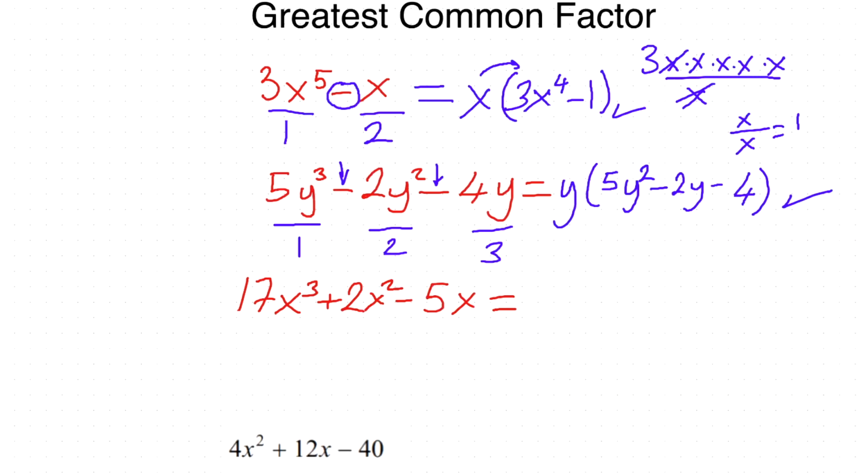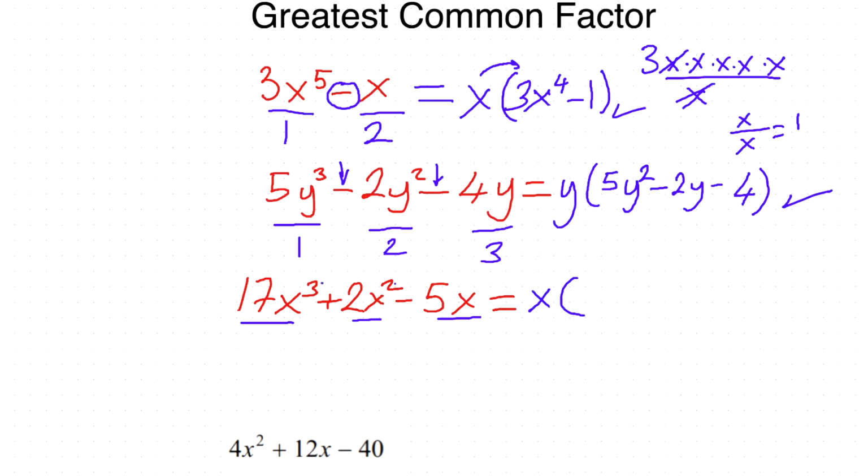Okay, let's check how many terms there are in here. Again, we have 1, 2, and 3 terms. What's common in all of them again? Here, x. When you look at the exponents, this is x to the power 1, this is second, and the third, so we'll just get the x.